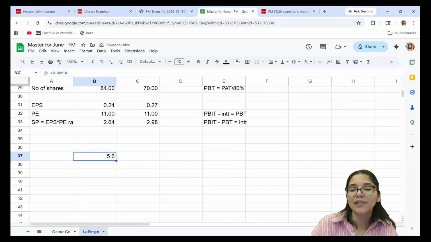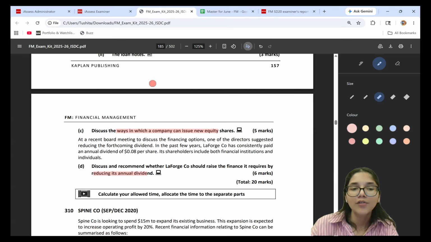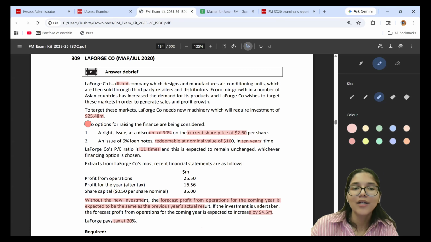So how much money will the company be able to raise this way? $5.6 million. Is $5.6 million the amount of money that I need? Will that be sufficient for my requirement? No, that's barely 1/5 of my requirement. So one very big drawback is that this is not my final solution, because I will still need to go for more sources of finance.